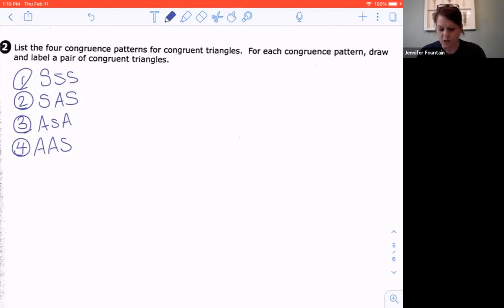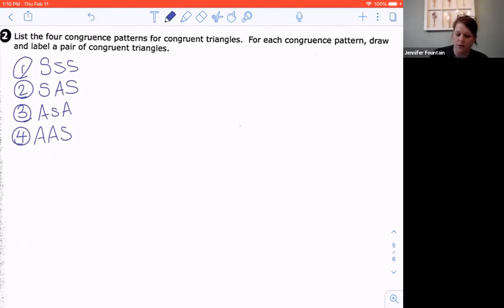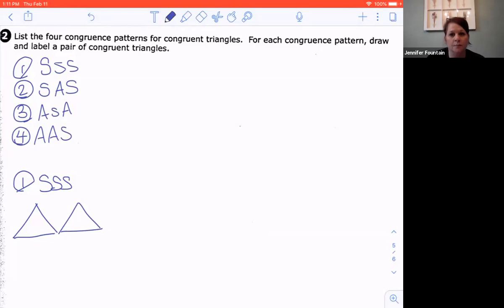So now for each one, we need to draw congruence patterns. So let's start with number one. We're going to do side, side, side. So in this one, basically, I'm just going to draw two triangles that are going to look the same, but I'm going to mark them, and remember this is where I use my hash marks.